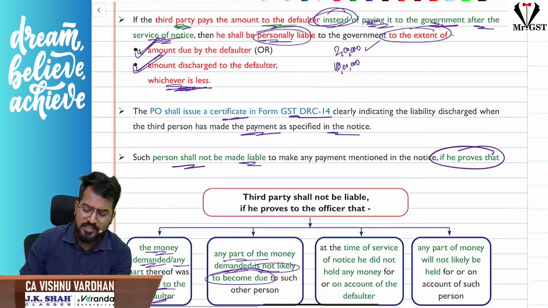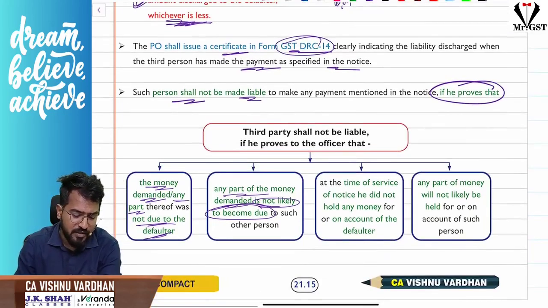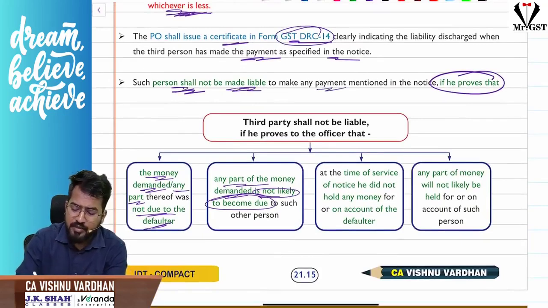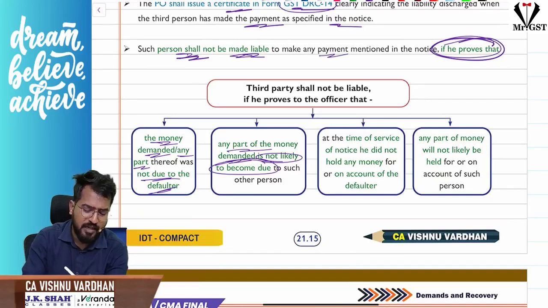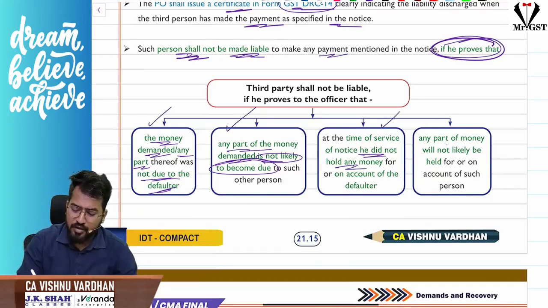Next, the proper officer will give GST DRC 14 to the person who has made the payment, as an acknowledgement, the certificate. Such a person shall not be made liable for any payment if he proves that he is not holding any money for the defaulter, or is not likely to hold any money of his, or at the time of service of the notice did not hold any money or was not likely to hold any money.